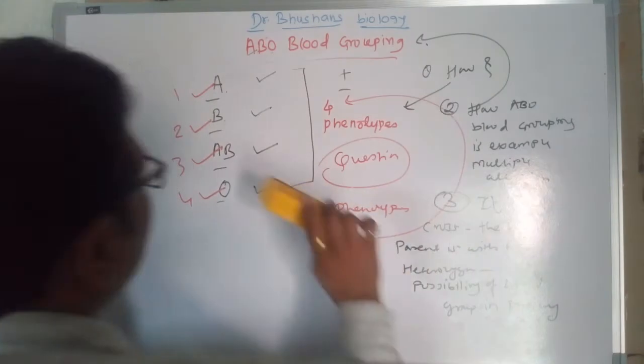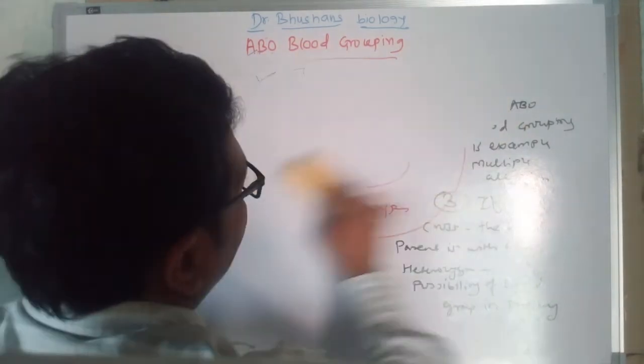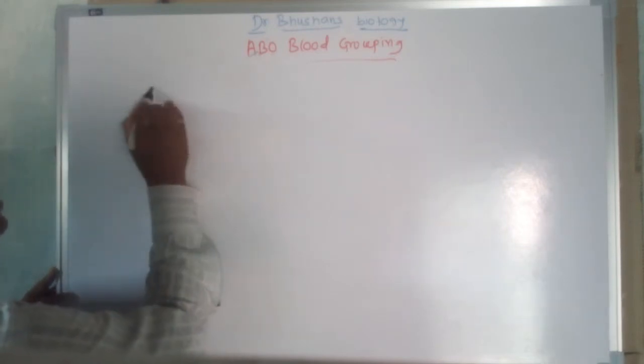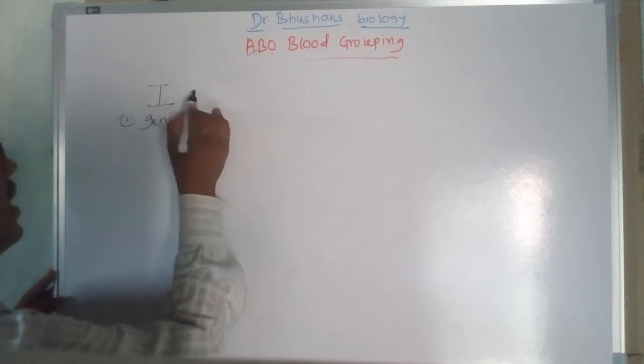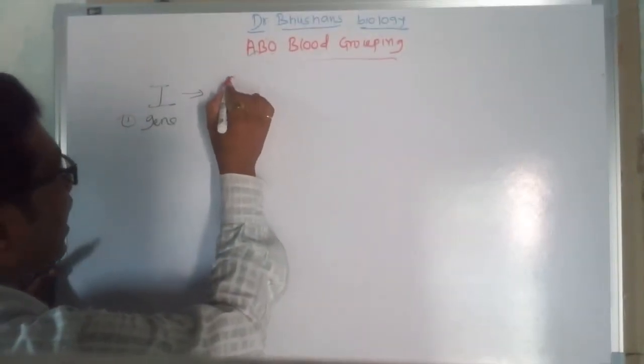So our first question is how ABO blood grouping is an example of multiple allelism. First thing: I is a gene, one gene. It has 3 alleles. What are those 3 alleles?